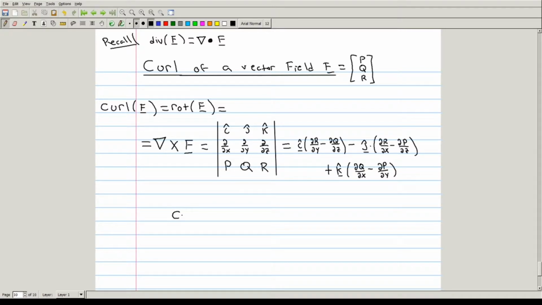Or more simply, the curl of the vector field f is just equal to the vector with components dR/dy minus dQ/dz, dR/dx minus dP/dz (with the sign flipped for the j component), and lastly dQ/dx minus dP/dy.